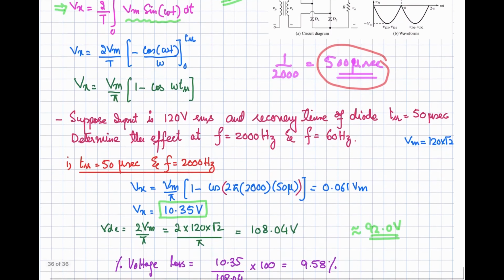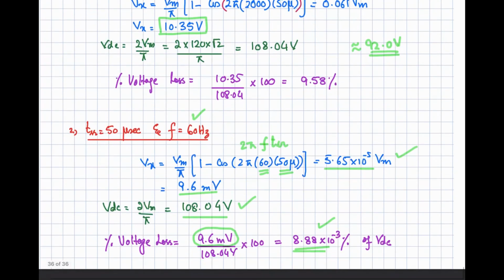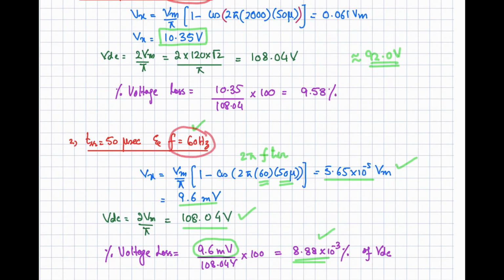That's why there was a significant voltage loss at 2000 hertz. But in the case of 60 hertz, 100 microseconds is very small compared to 16.66 milliseconds, so the effect of the recovery time was very small.